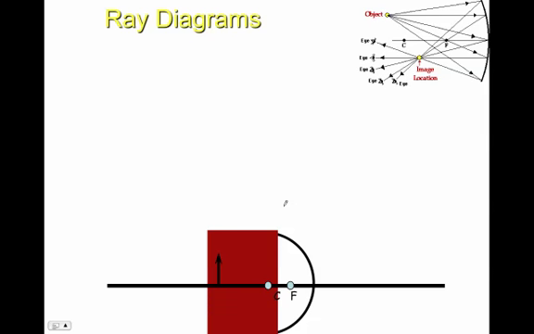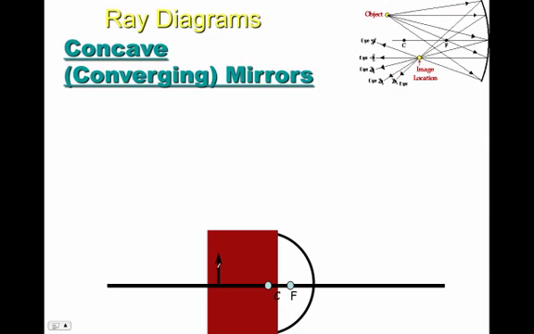Well, let's consider this. We can draw ray diagrams to see what's going on. Here is a concave mirror, and here is an arrow, which is our object. Another name, just to let you know, for concave mirrors is converging mirrors. When objects are far away, like this, from a concave mirror, what will happen?